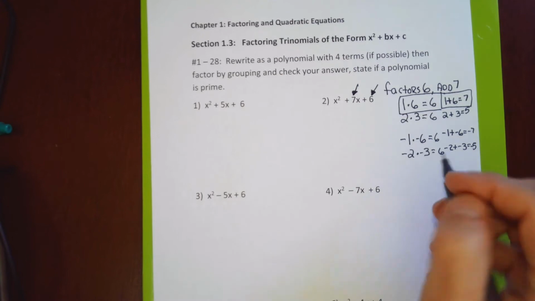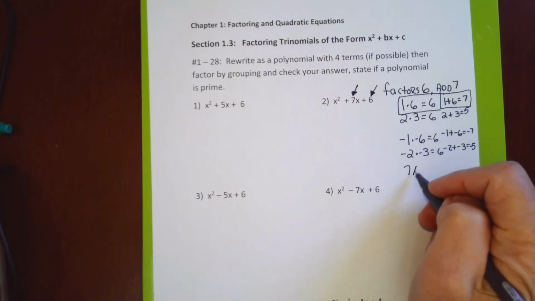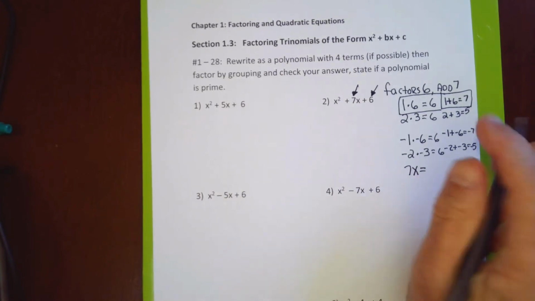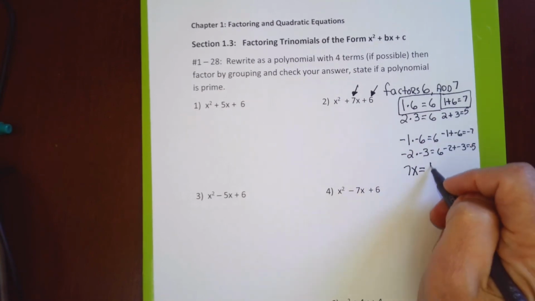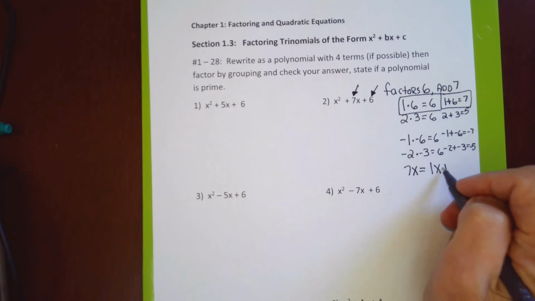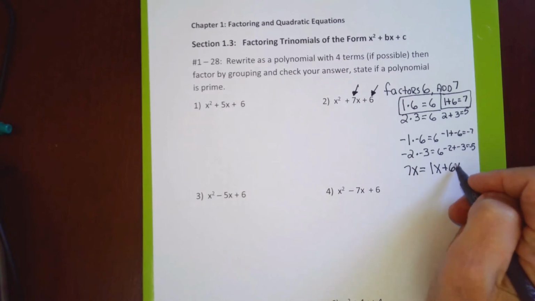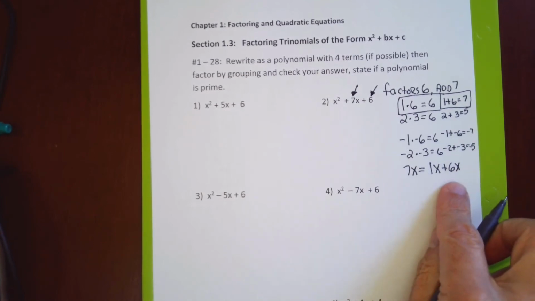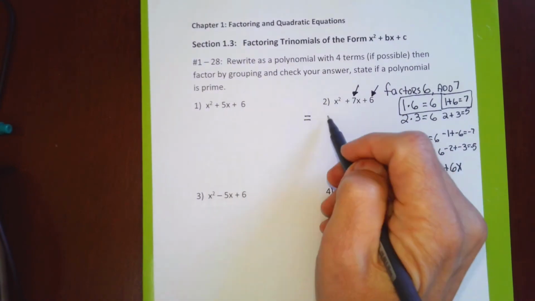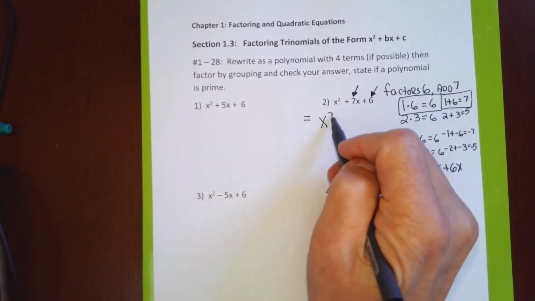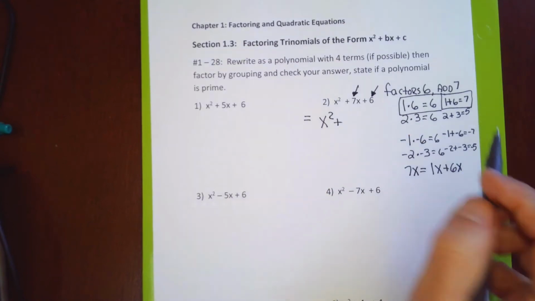What I'm going to do with the 7x is use the 1 and the 6, which multiply to 6 and add to 7, and rewrite the 7x as 1x plus 6x. Because 1x plus 6x is 7x, I'm going to take the problem that started with 3 terms and rewrite it with 4 terms.